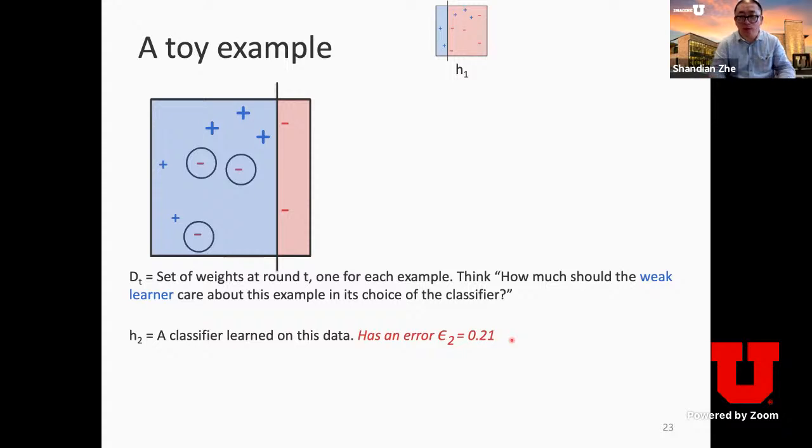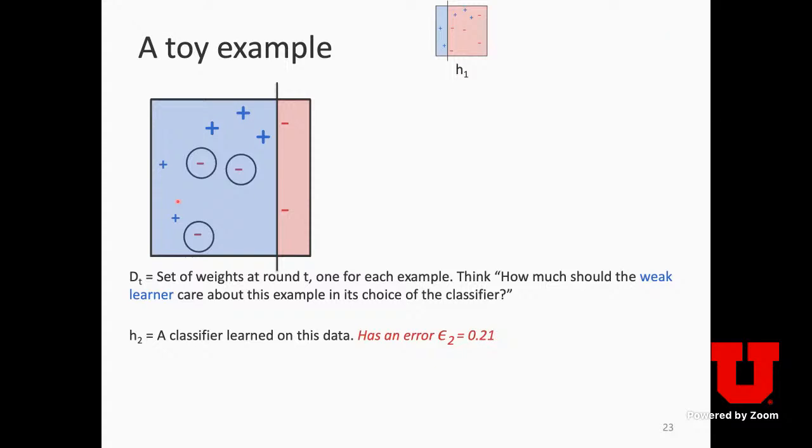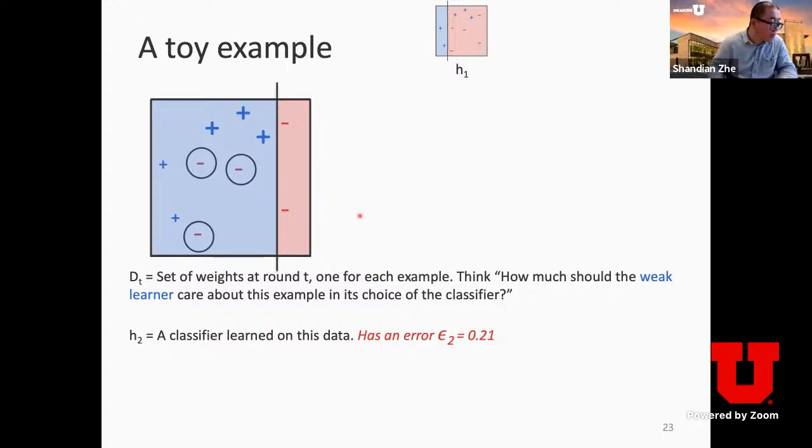Can anyone give some explanation why the error now is decreased to 0.21 rather than 0.3? Because these negative examples were downweighted. Yes, exactly. Well, I don't know, Spencer, you wrote the equation on that. I don't know if it is true or not, because it really depends on the sample weights. But the idea is correct.